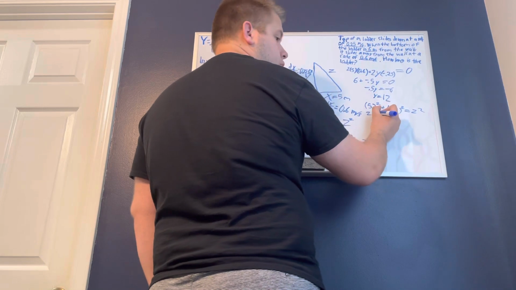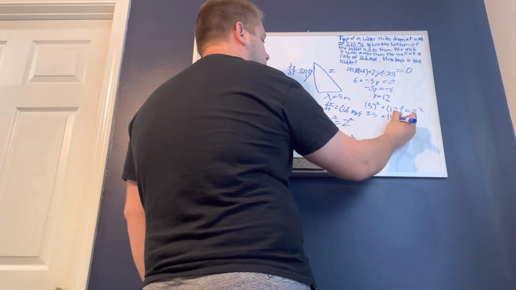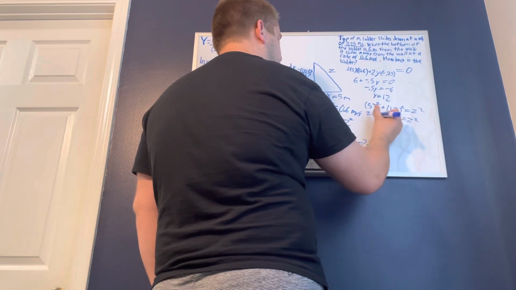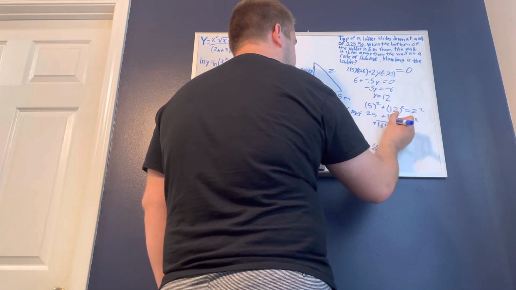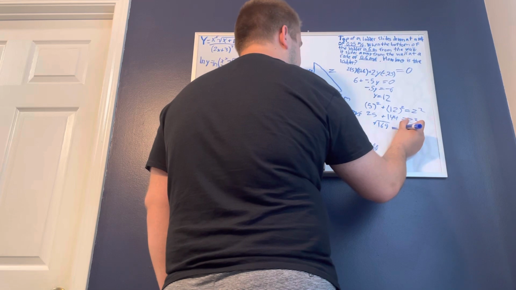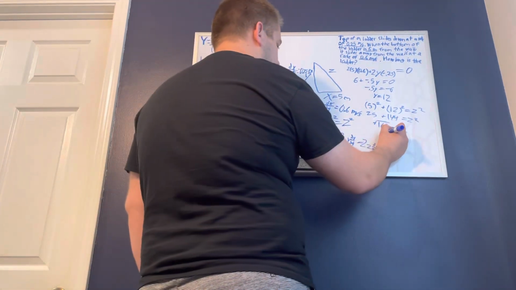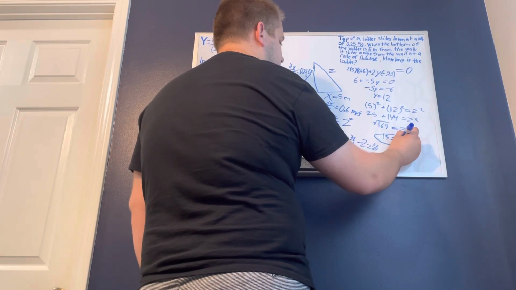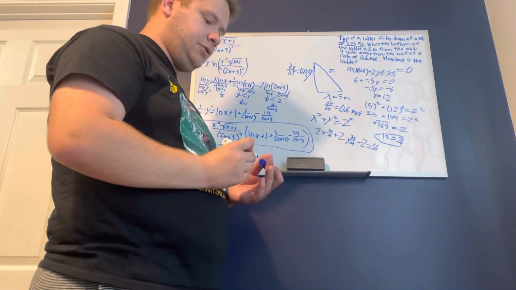That's 25 plus 144 equals z squared. When I add those together, it's 169. So we find the square root of 169, we find the value of z. And the square root of 169 is 13. So that is our final answer for the length of the ladder. And this concludes my presentation.